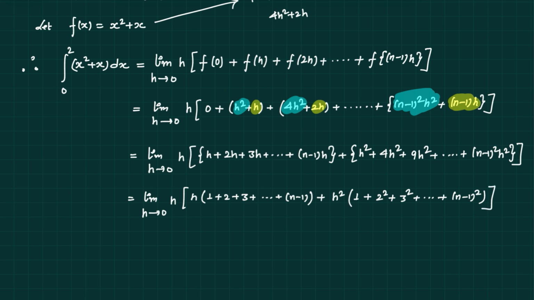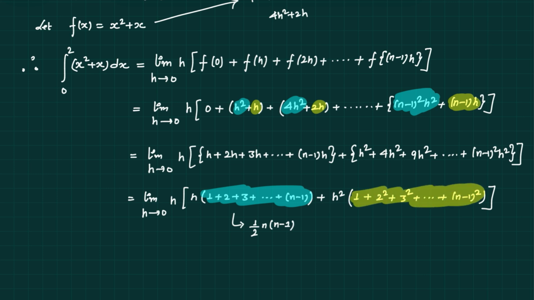So here the value of this sum is 1 by 2 n into n minus 1, and the value of this sum will be 1 by 6 into n minus 1 into 2n minus 1. So let us put it there.